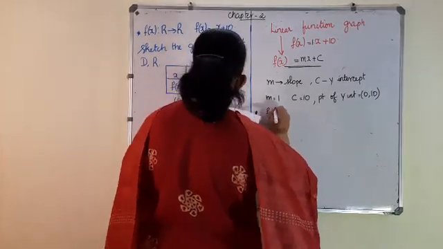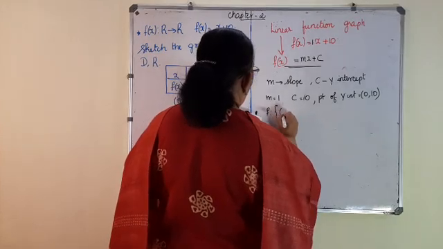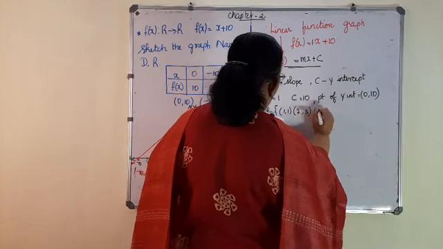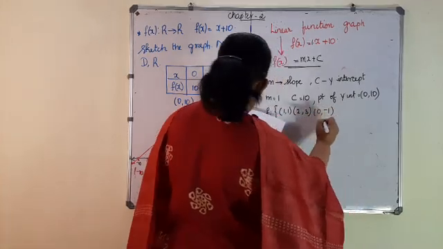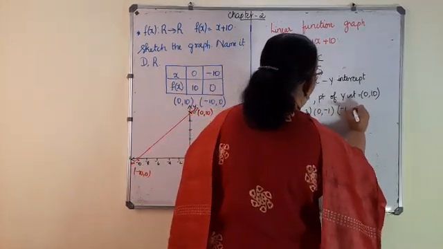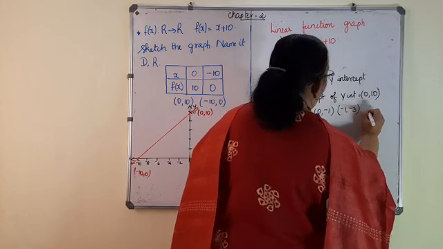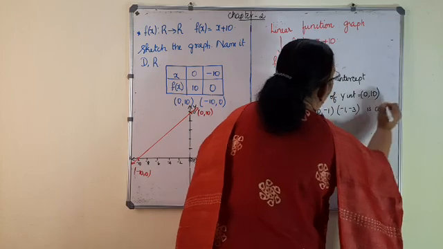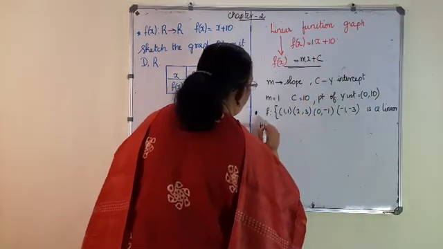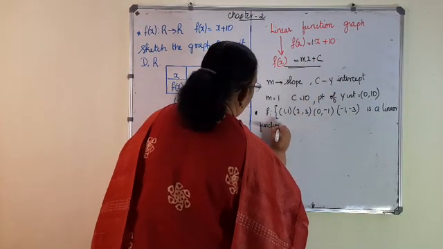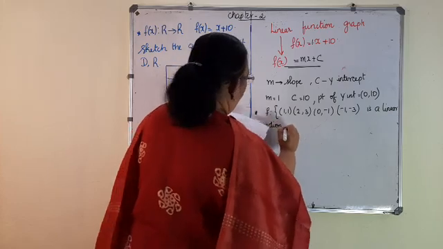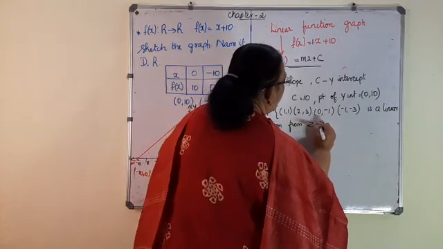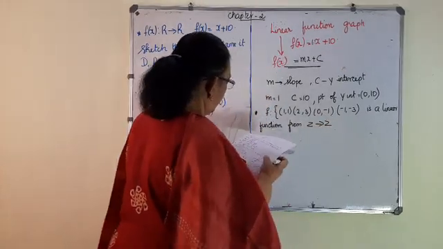F is a function from 1, 1, 2, 3, 0, minus 1, minus 1, minus 3. It is a linear function from Z to Z, set of integers to set of integers.